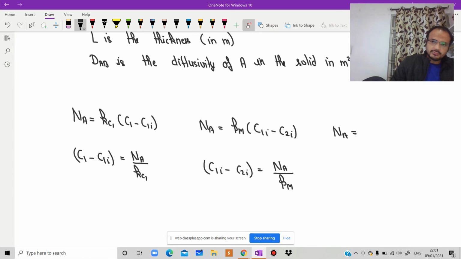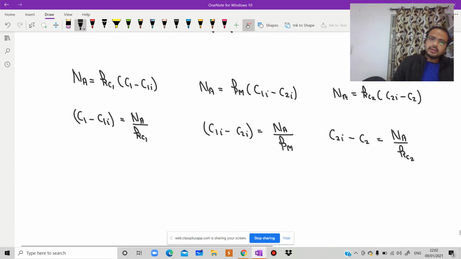Third, NA is equal to Kc2 into (C2I minus C2). Then C2I minus C2 is equal to NA by Kc2. Assume this one is equation first, this one is equation second, and this one is equation third.